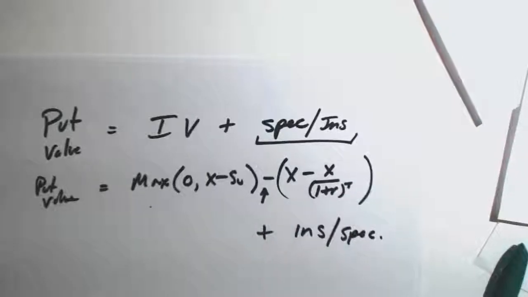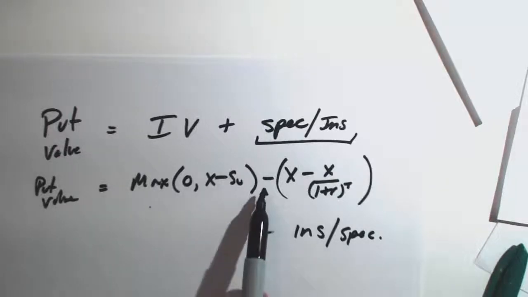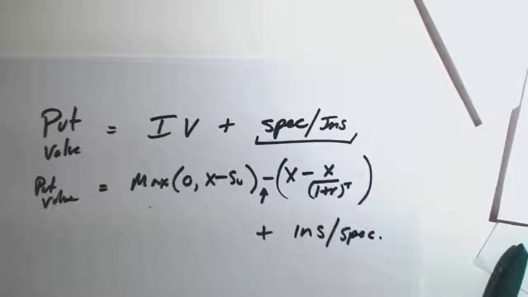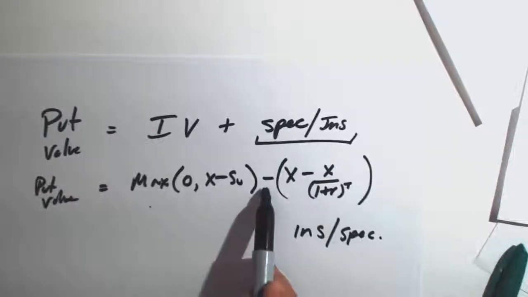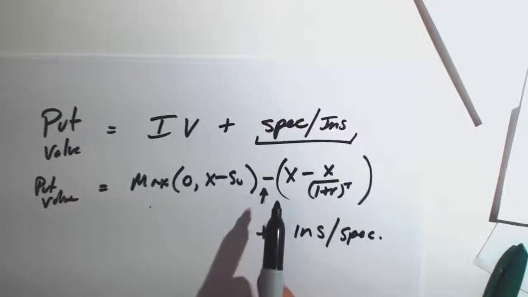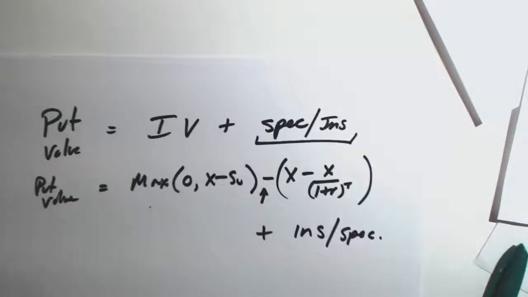There is a pure time value component, there's an intrinsic value, and then you have the insurance and speculative value. So the point is, when you hold a put option, you are delaying the receipt of X. You're not getting your hands on X early. Well, there's a cost to that. It has a negative impact on the value of the option.